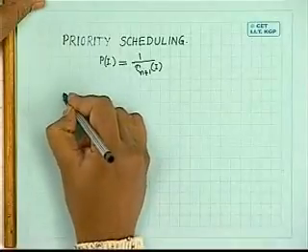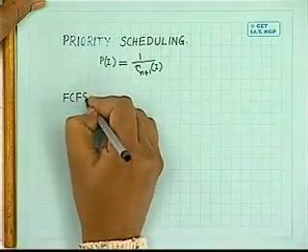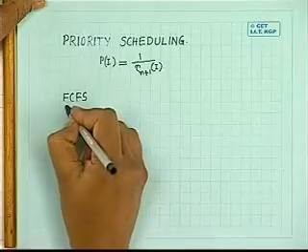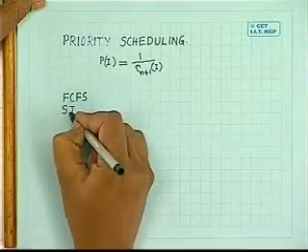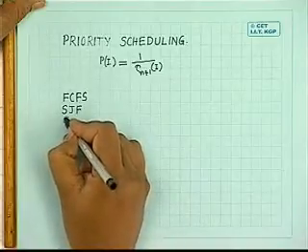Now these three kinds of CPU scheduling techniques, that is, first come first served CPU scheduling, FCFS, or shortest job first scheduling technique, SJF, or priority scheduling.